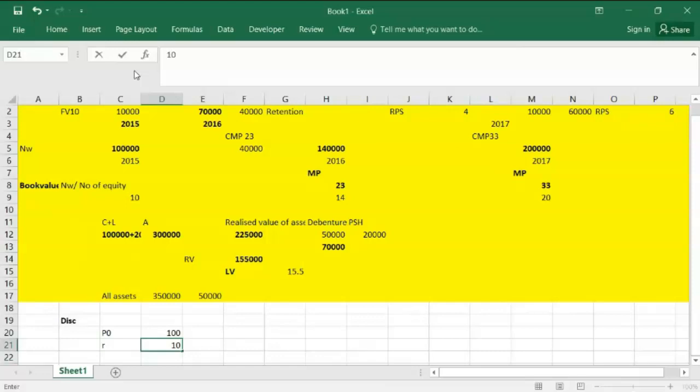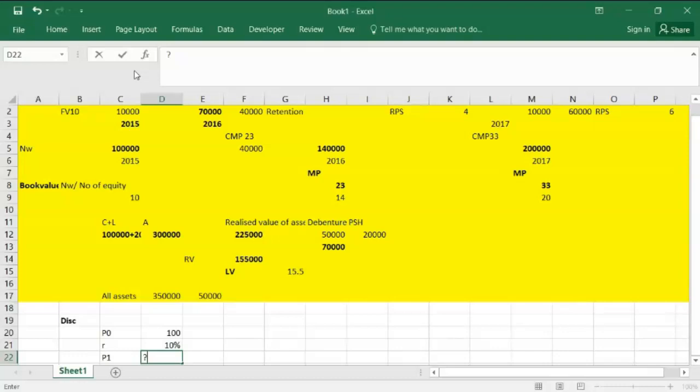So what is P1? P0 is the market price at the beginning of the security, and 10% is the expected rate of return. Simply I can use the compounding principle here. Why? Because I'm not asking for P0, which is the present value, whereas I'm asking for the future value, mentioned as P1.